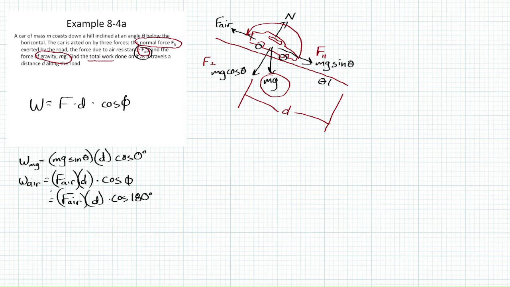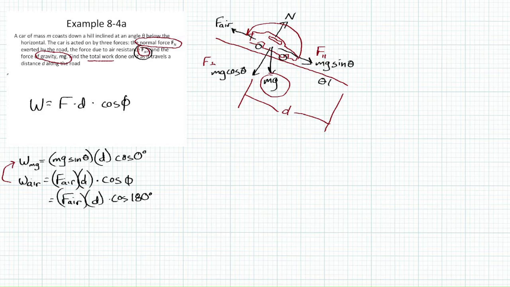But how would the work done by the air be different from the work done by the parallel component of gravity? Well, it would be 180 degrees in the opposite direction, that is, it would be negative. We'd have a negative work done by the air. Here's a great example of negative work done on the car. Okay, well then we have those two.